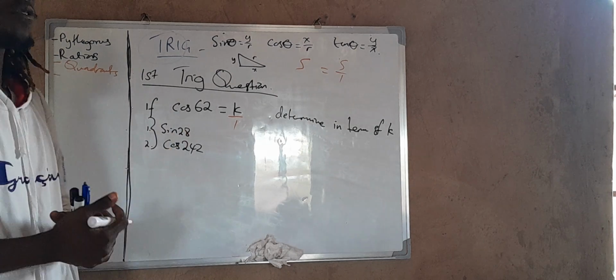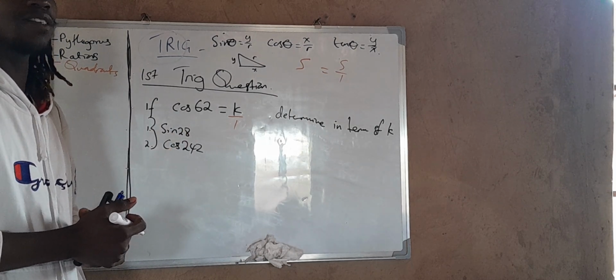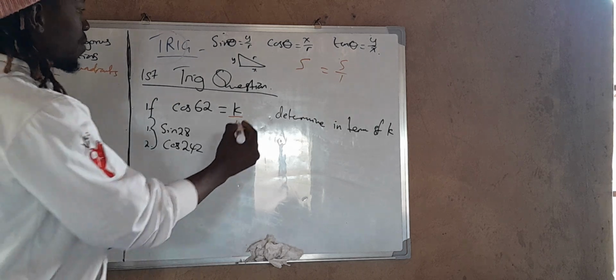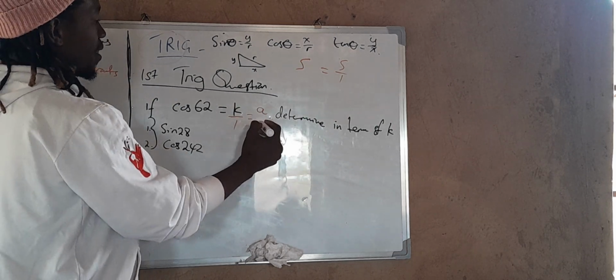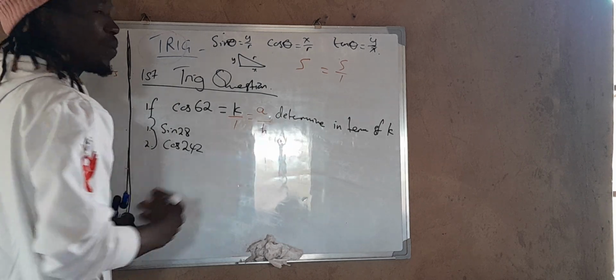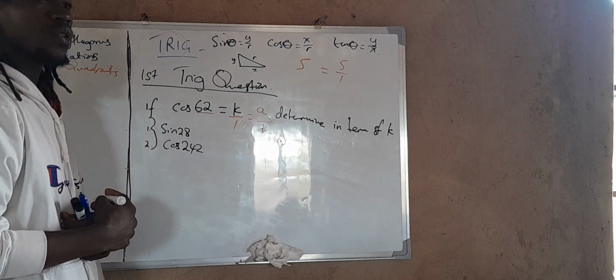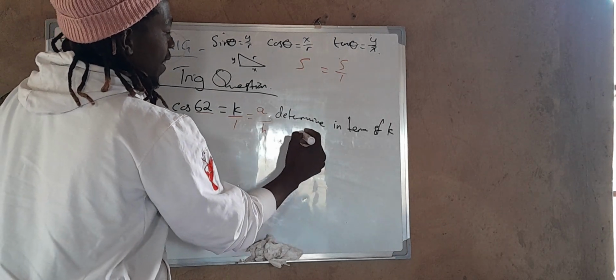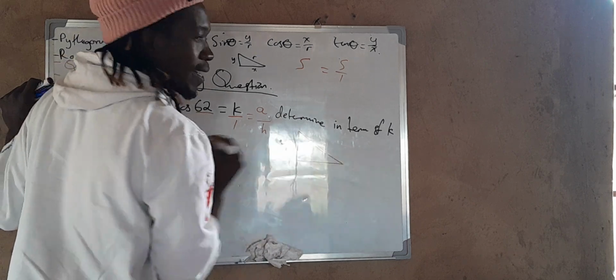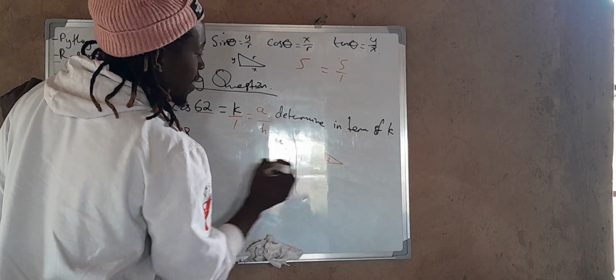And what is the ratio of cos? Cos is adjacent over hypotenuse. So it means that this is our adjacent and this one is our hypotenuse, right? And our angle is what? 62, right? So we are going to draw a simple diagram like this, and we are going to place our 62 there, and this is our 90 there, right?